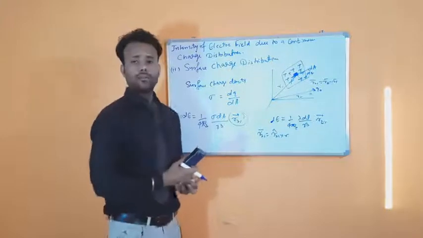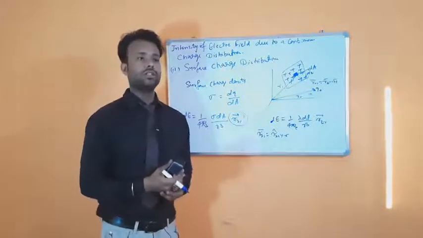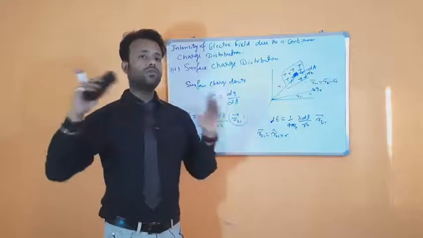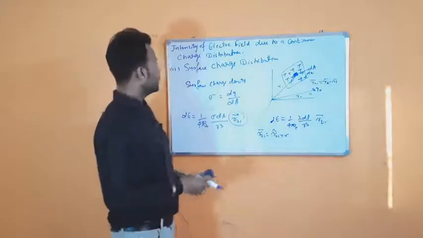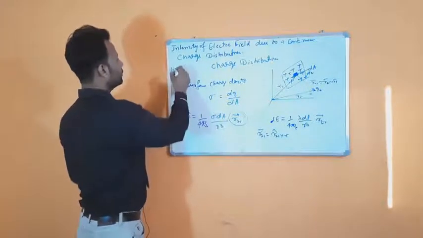Lastly, we can have the volume distribution, in which the charge is distributed uniformly in 3D space. That will be uniform volume charge distribution.